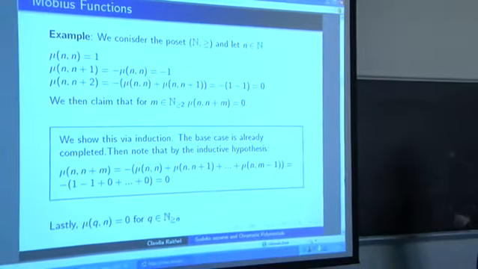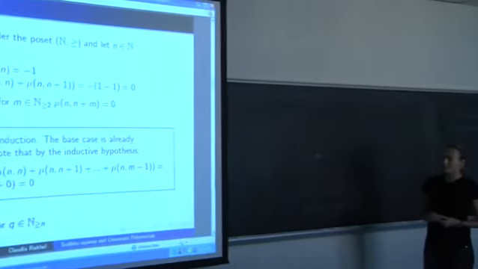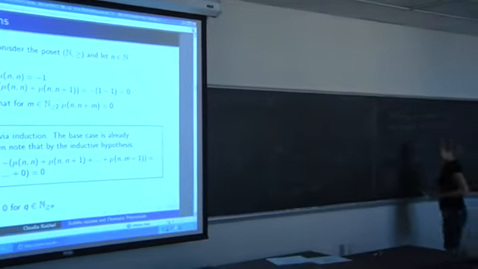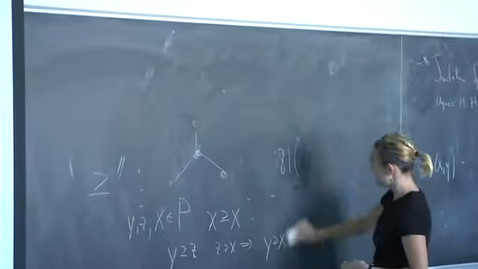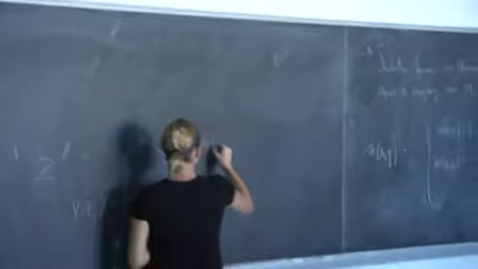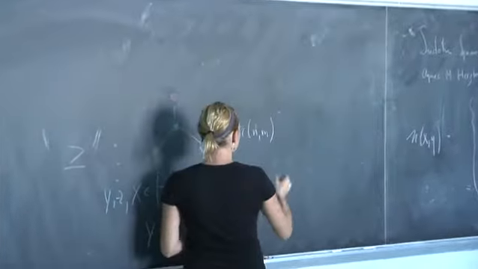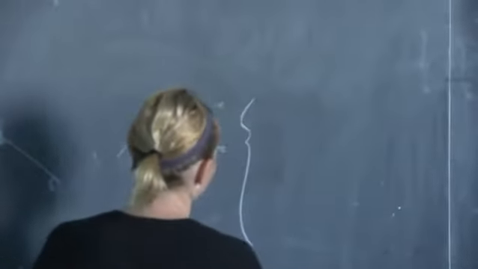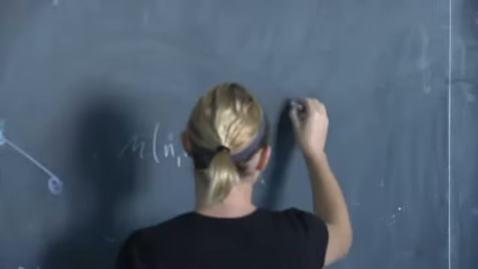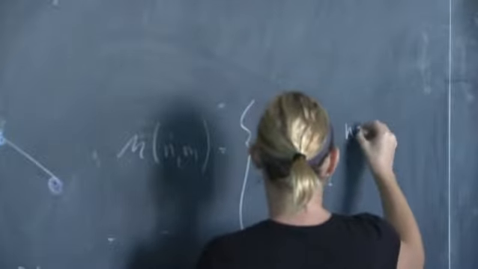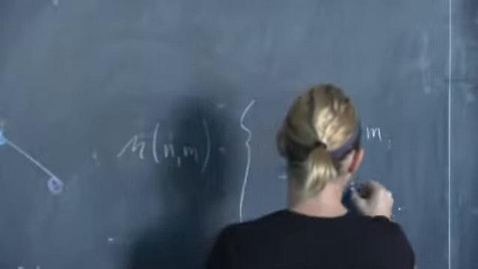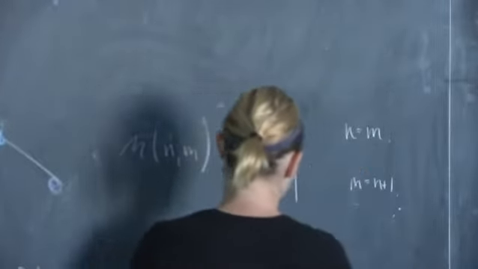So we've calculated the Mobius function. To write it concretely, mu of n, m is equal to 1 if n equals m, negative 1 if m equals n plus 1, and 0 otherwise.